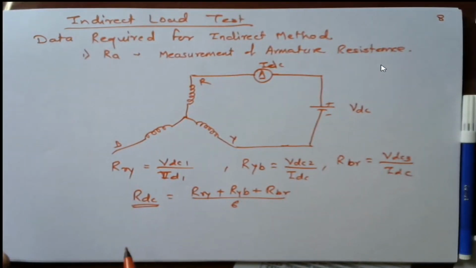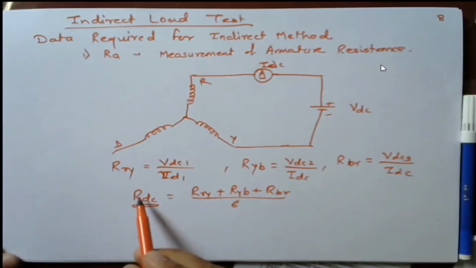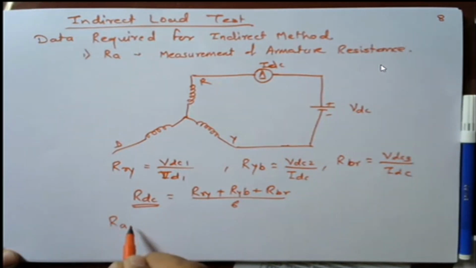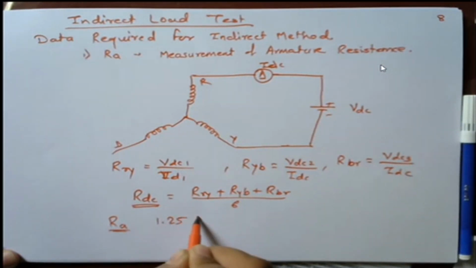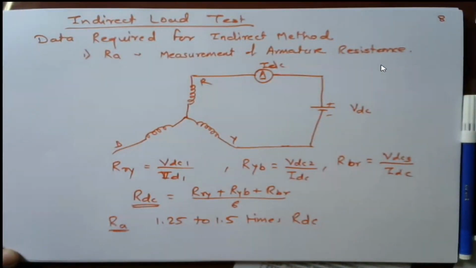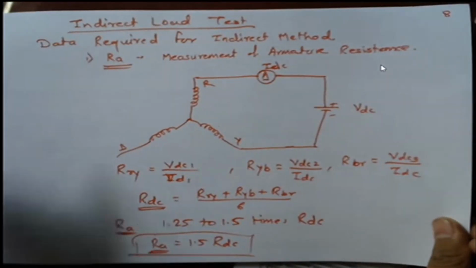Because of that skin effect, the AC resistance is always greater than the DC resistance. So RA, which is the AC resistance, is 1.25 to 1.5 times RDC. By using this formula, I will get the armature resistance. I got the value of RA.